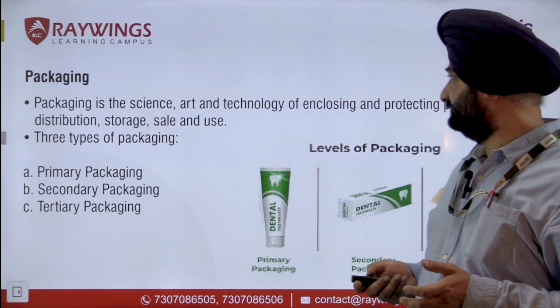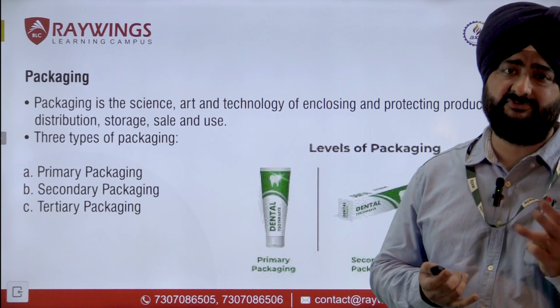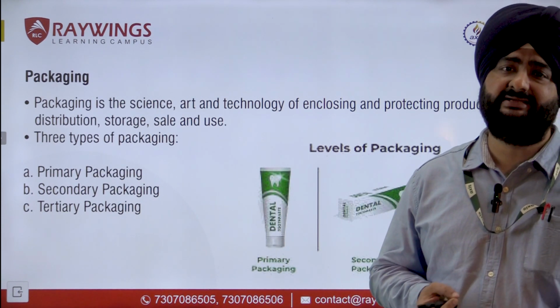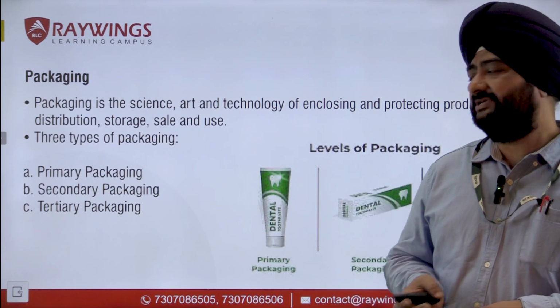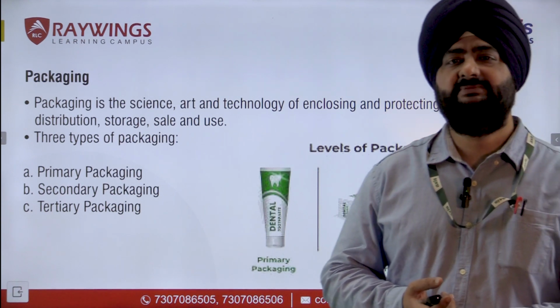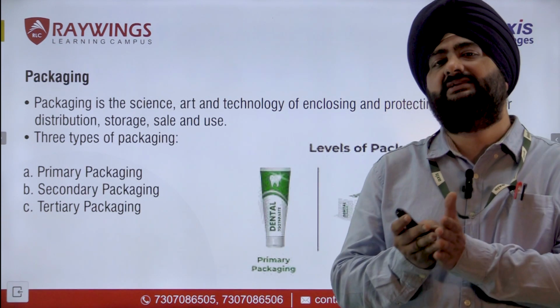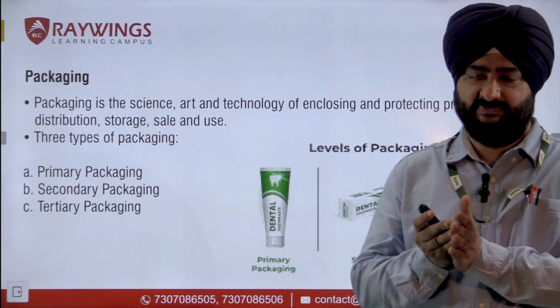Like in this slide, we discuss the types of packaging. Three types of packaging are there: primary packaging, secondary packaging, and tertiary packaging. Primary packaging means, as this diagram is also showing, the drug is in direct contact with that packaging material, right?